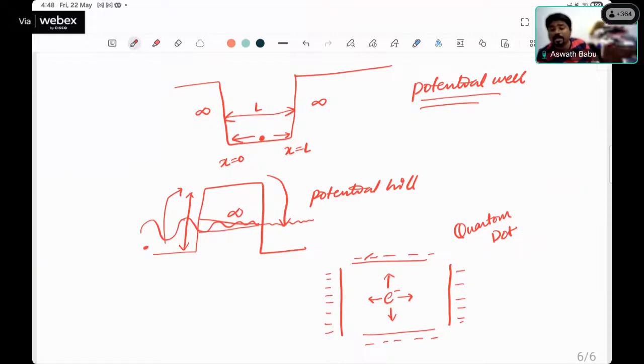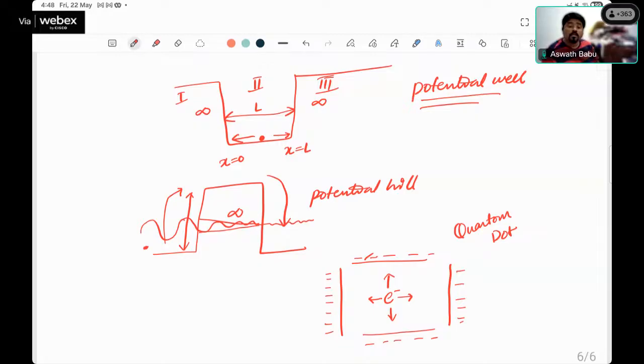But if I do the same experiment at quantum level, if I put an electron inside a well, we usually think classically, as per our intuition, that the electron can never go into the infinite region. This is the infinite region, meaning region 1, region 2, region 3. If the electron is put in region 2, as per our intuition, we think that the electron may not go into region 1 and region 3.